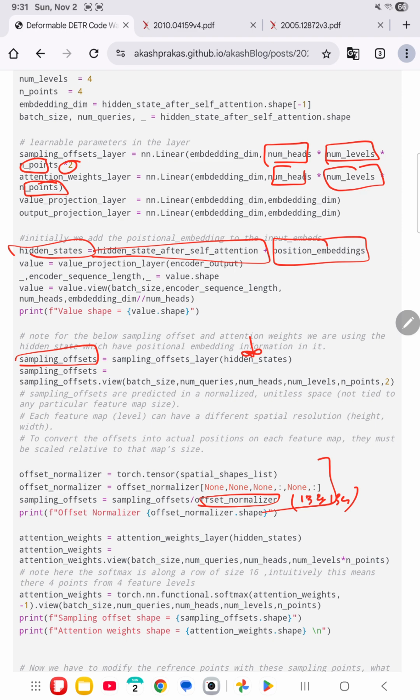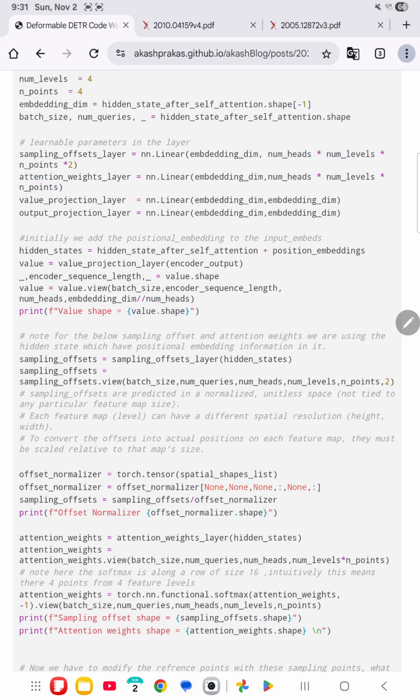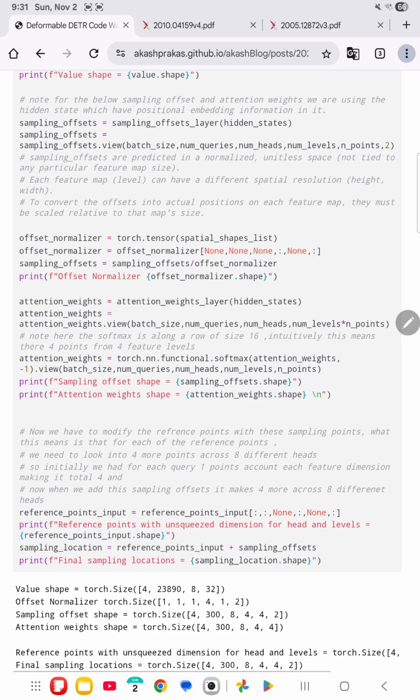Another thing we need to do is that the attention weights also come from the same hidden dimension. So these two will be the attention weights and the hidden states. The attention has to be softmaxed, which is the normal thing that you do, and then we add the reference points and sampling offset, and we get this many positions.